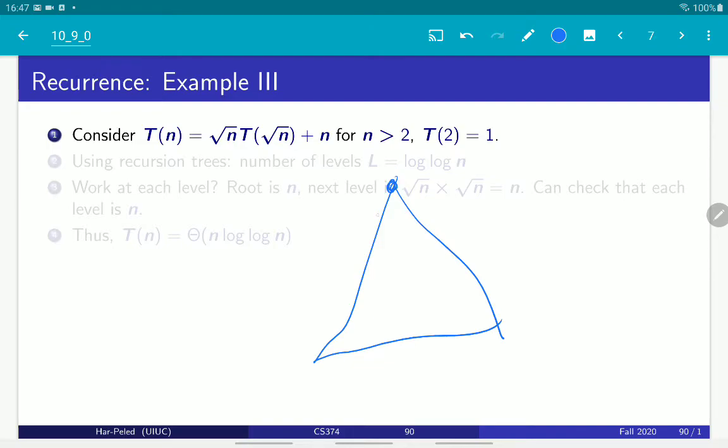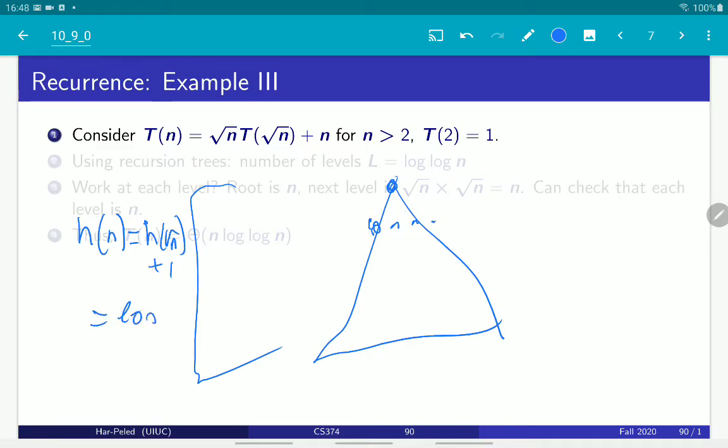The root has square root n children, and every node in the next level has n to the 1/4 children, and so on. The important thing to observe is that first, the depth of the recurrence is going to be h of n equals h of square root n plus 1, and this is exactly what we already solved, so this is just log n. So this recursion tree has depth log n.